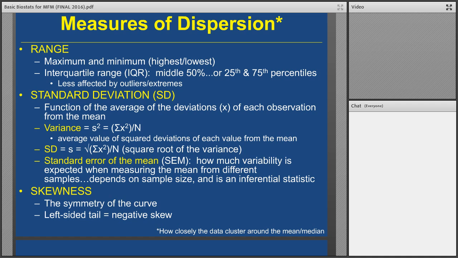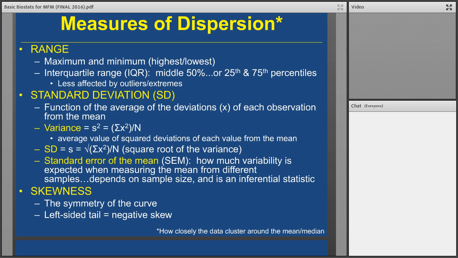This is the middle 50% of values, or the 25th and the 75th percentiles. This is generally what we report when we're looking at non-normally distributed data. We use the range because it's less affected by outliers and extremes, and we generally report the interquartile range.